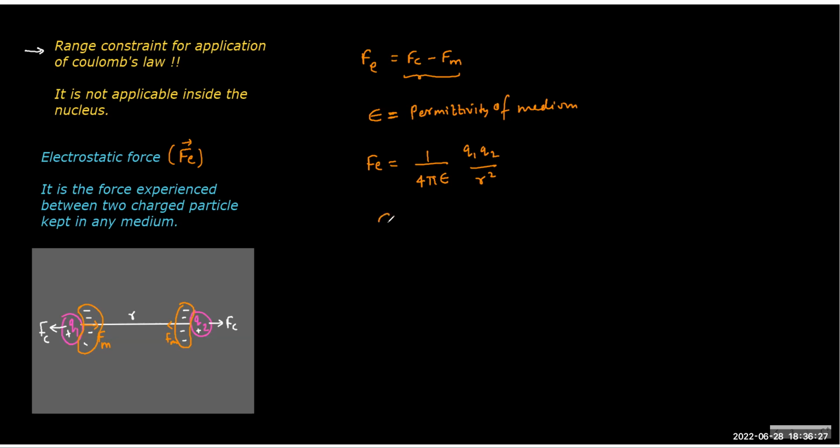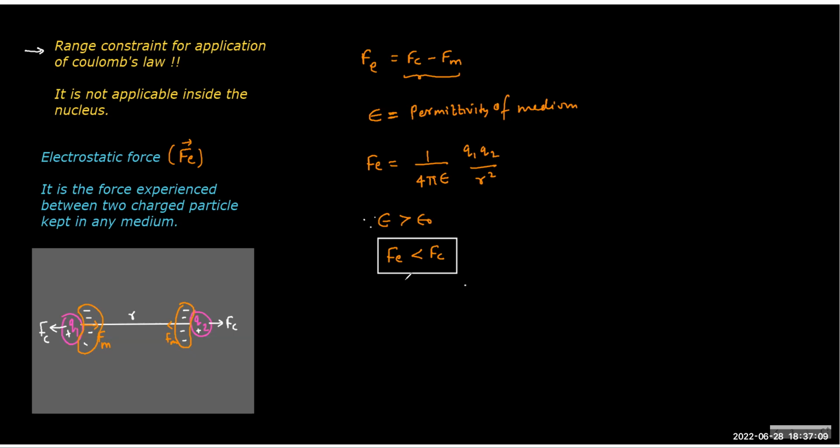And because epsilon is bigger than epsilon naught, you can clearly see that the experienced force will be less than the Coulomb force. Do you realize this? So epsilon being bigger than epsilon naught, the electrostatic force will be less than the Coulomb force. Coulomb force is still the same because that talks about the ability, and the actual force which the charged particle experiences in the medium will reduce drastically, and epsilon takes care of everything.